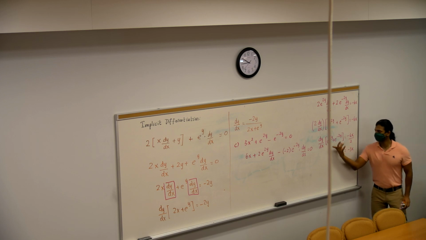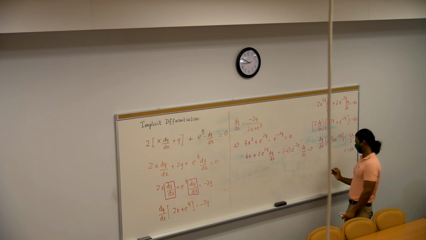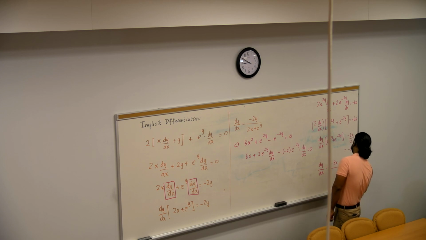Then I have to divide by that term on both sides. So dy over dx would simply be negative 3x over e raised to y plus e raised to negative 2y.